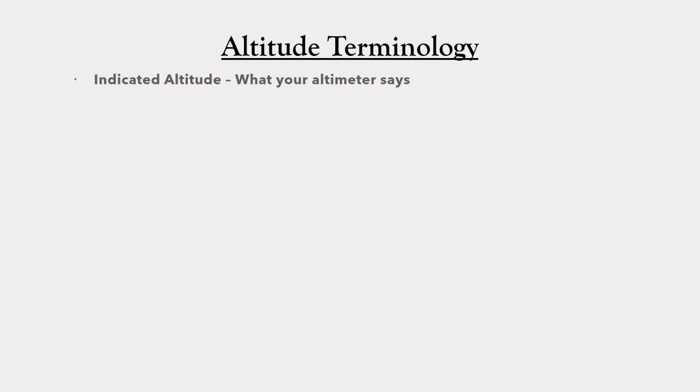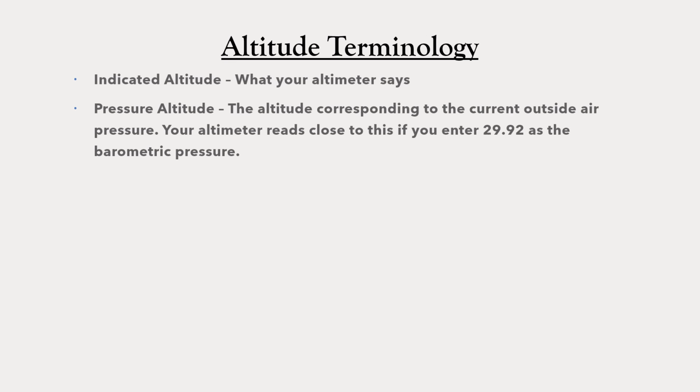So there's different terminology we use for altitude. Indicated altitude is just straight off whatever your altimeter says. Pressure altitude, it's actually a way of expressing pressure.